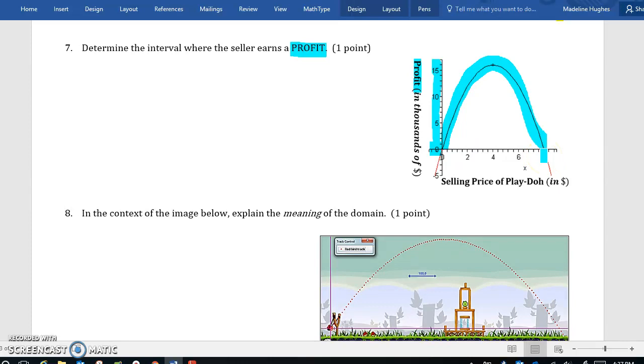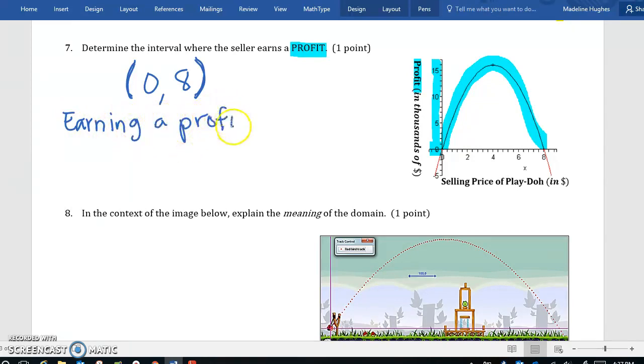So I'm going to write that as 0, 8. And I'm going to use these parentheses because it means we're not including 0 or 8. So in words, we're earning a profit over this entire highlighted interval.